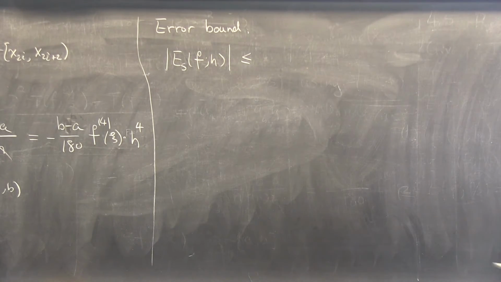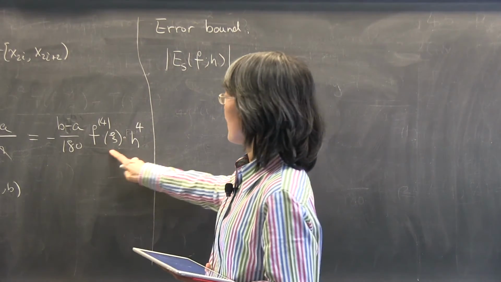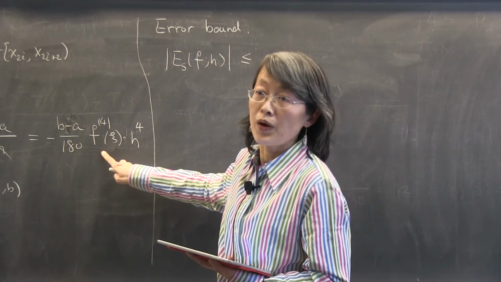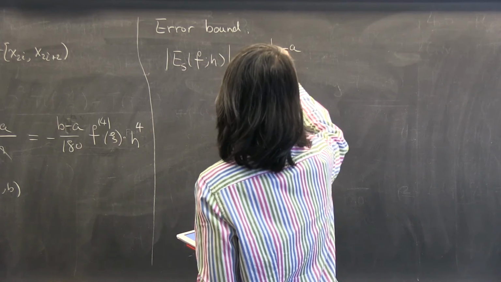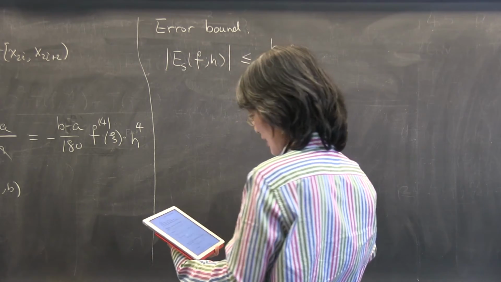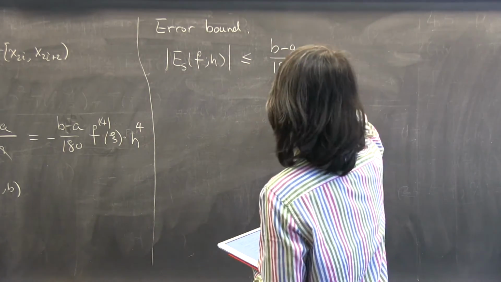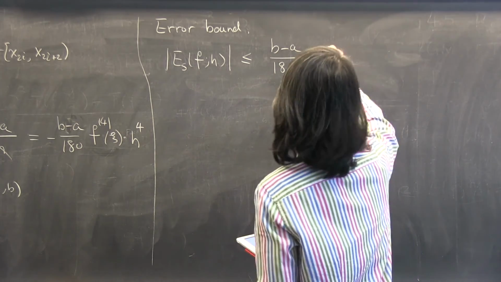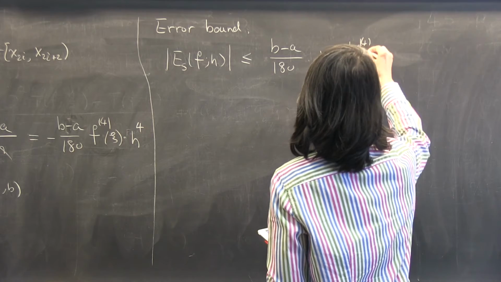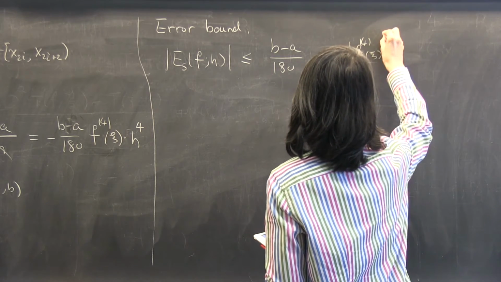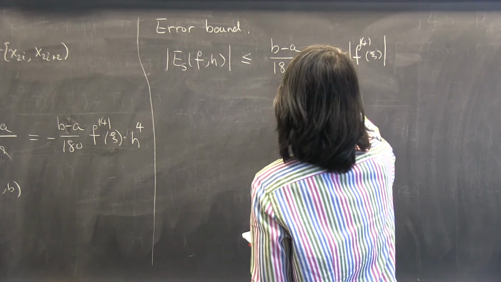Okay, so for the error bound, I take the absolute value, and then I find the maximum of this. It's some property of my function, right? So I get (b minus a) over 180. I do have b minus a in my notes, so I was not looking at my notes. So the max of the fourth derivative of f at psi, well, for any psi.